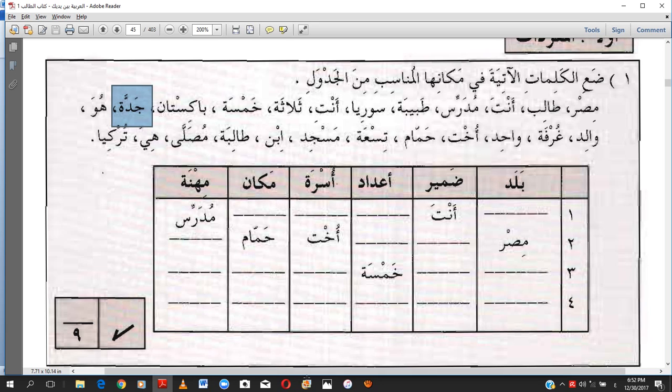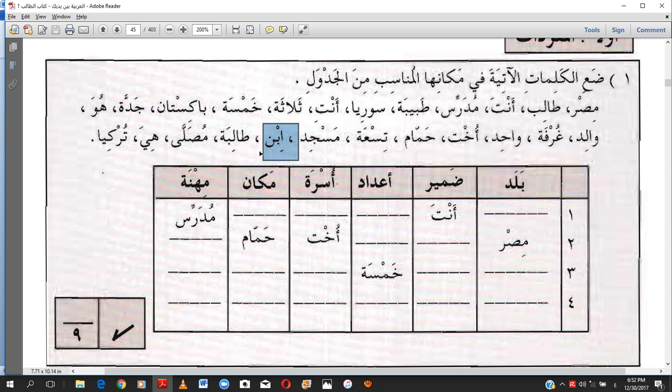So Jadda is grandma. Walid, we just went over that, right? Father. And Ukht is already in the list. What else do we have? Ibn. ما معنى Ibn? Son. What's another word for Ibn? It's on the board.